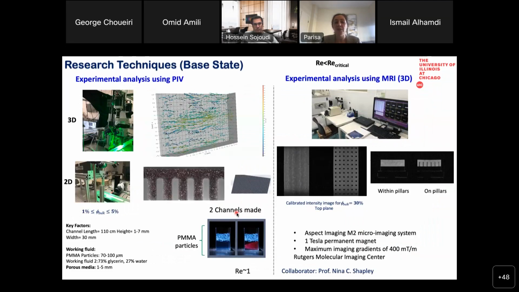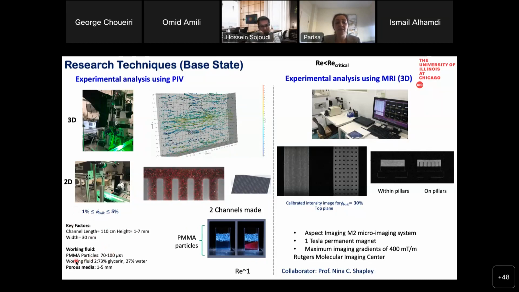The first one was looking at an experimental analysis of suspensions using PIV and PTV in my lab, and also MRI. As you know, there are some challenges with PIV, and when you add particles, specifically we have to index match the particles, and this is really important to decrease the reflection.